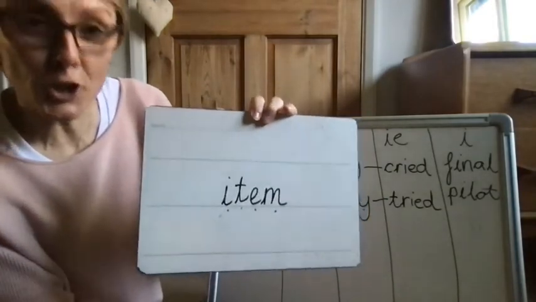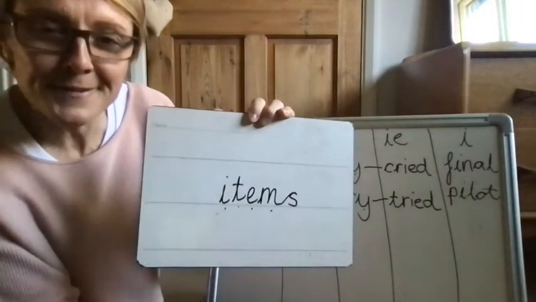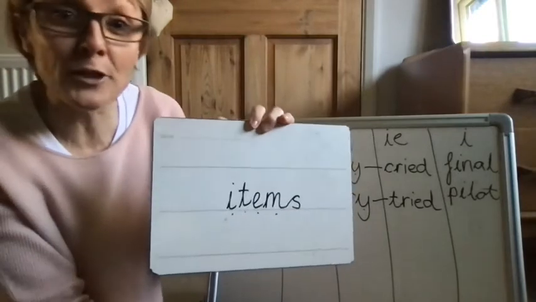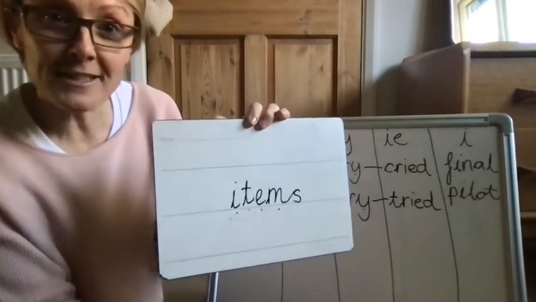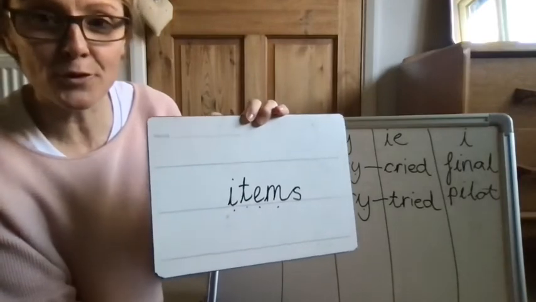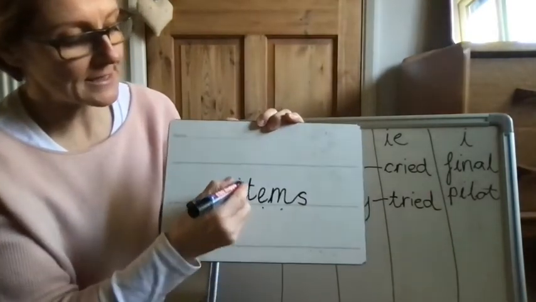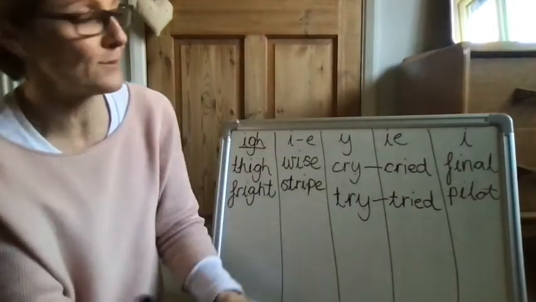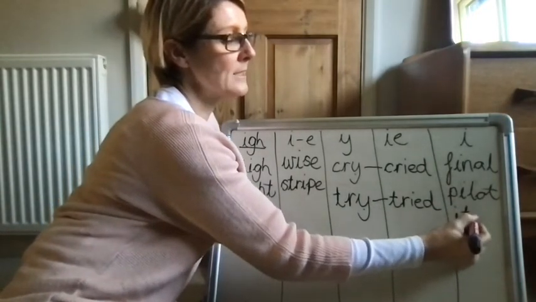When you go to the shop, you might buy lots of items to put in your basket. And when you have to go through the checkout, sometimes it will say 8 items or less for the quick checkout. So again, this I letter is just making an I sound. Let's write it on our piece of paper. Item.